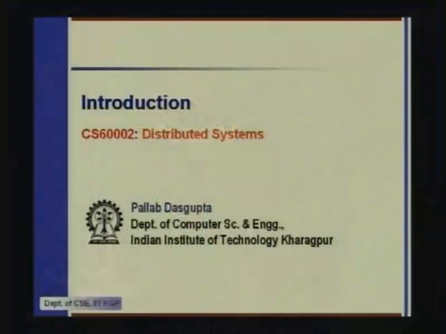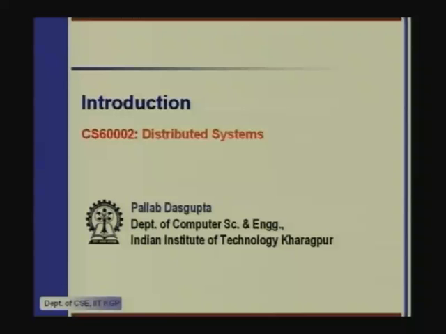So, we start the course on distributed computing systems. The name of the course in the IIT curriculum is called distributed systems. Now, distributed systems includes a lot of different types of systems which are distributed in nature, but what we as computer scientists must study is the computational challenges that lie behind implementing a distributed system.